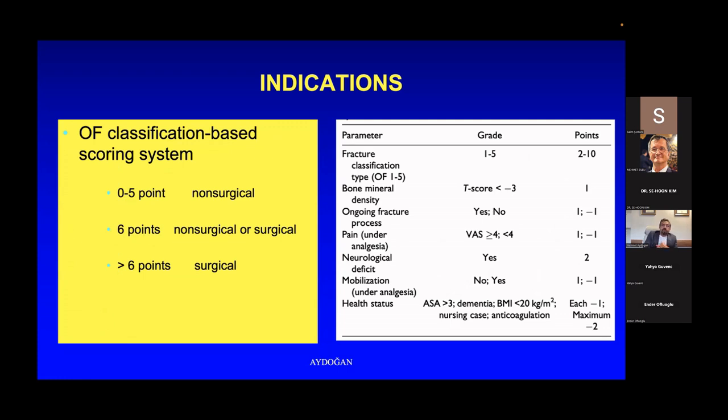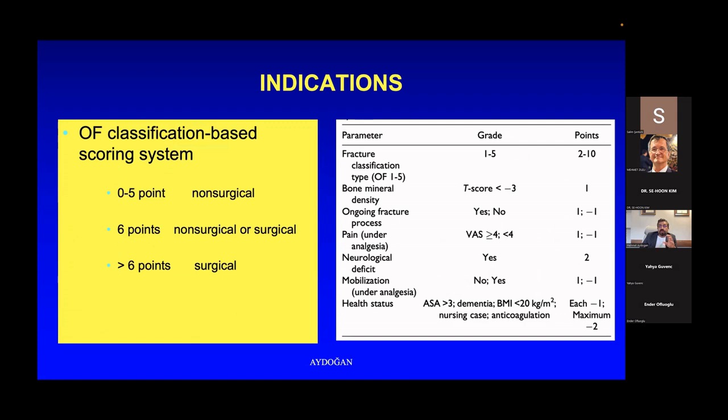So the same authors evaluated almost 700 patients from 16 different hospitals. Then they made the osteoporotic fracture classification-based scoring system. That scoring system was also explained very well by my friend Dr. Ender.